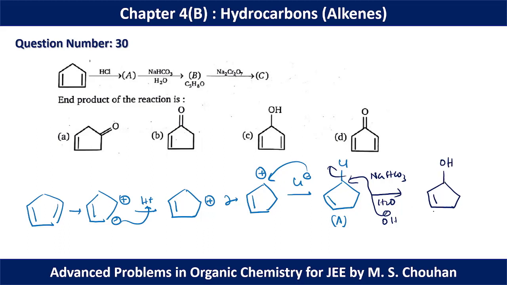Okay, so this is basically your option B. And finally we have one oxidizing agent Na2Cr2O7, which can oxidize this alcohol to ketone. So this is a class 12 topic. In this case we have oxidized the 2-degree alcohol to ketone. Okay, that's why for question number 30, option B is the correct option.